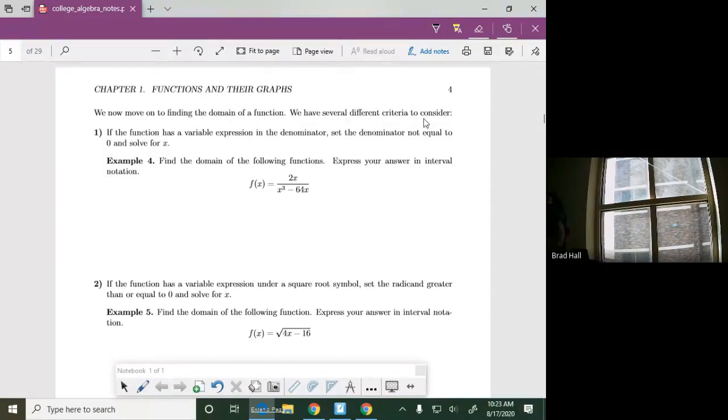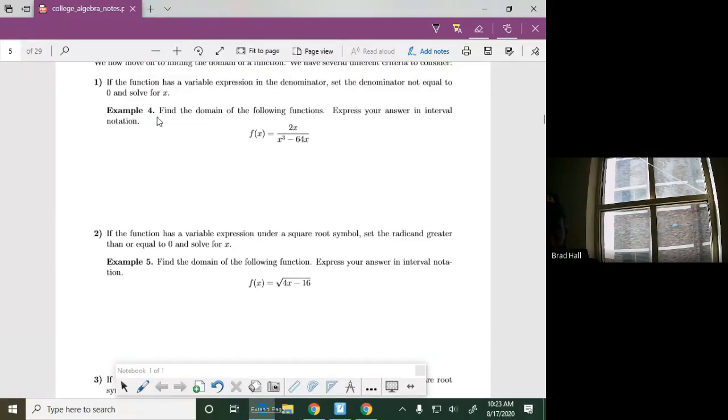So we have some criteria to consider. The first one says, if the function has a variable expression in the denominator, so these are problems that ask you to find the domain of a function, as you can see in example 4. If you're asked to find the domain of a function and you notice that there is a variable expression in the denominator, then you're going to use whatever part 1 says here.